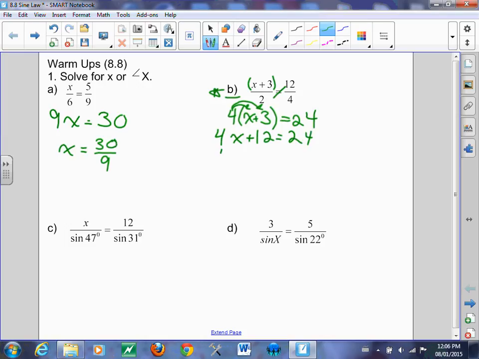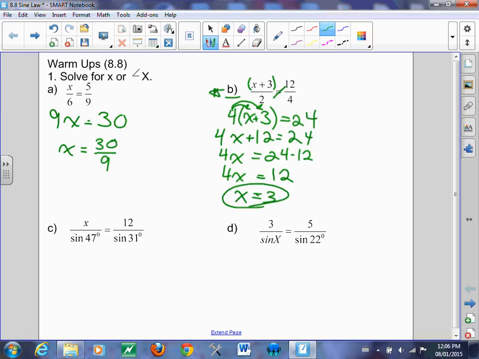Now we're going to get the variable term by itself, so it'll be 4x there. Bring the 12 over, becomes negative. I apologize, it should be 24. Subtract 12. Okay, so that's going to be 4x equals 12. Divide both sides by 4, and x equals 3.